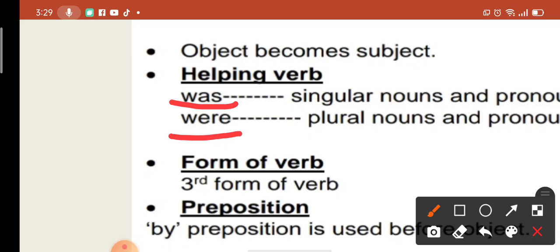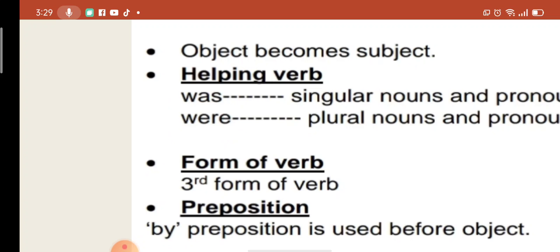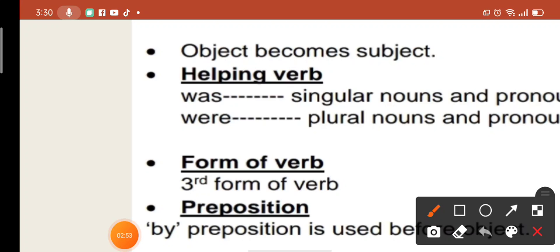And then the third rule is form of verb. So, in all passives, we use the third form of verb. So, do you know that? Yes, I hope that in present indefinite tense, we have also used third form of verb for passives. So remember that in all passive voice sentences, we use only third form of verb.